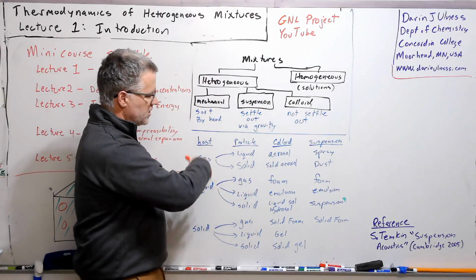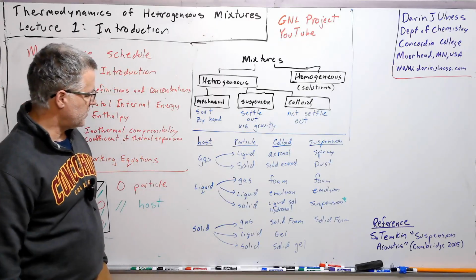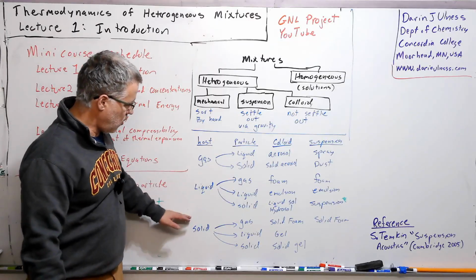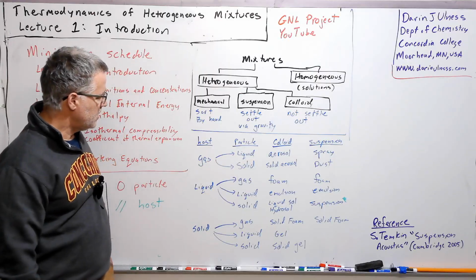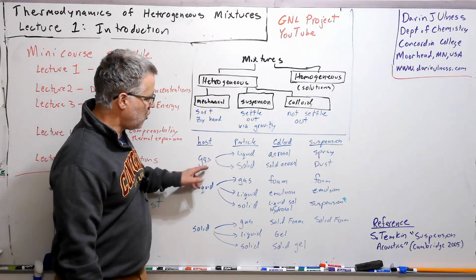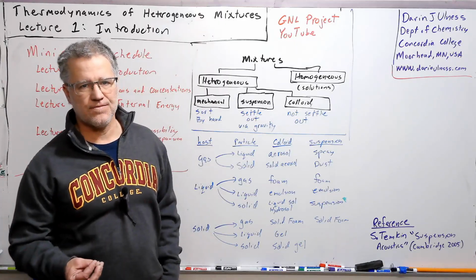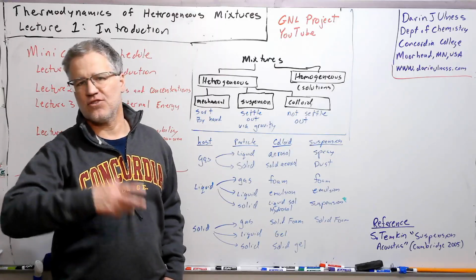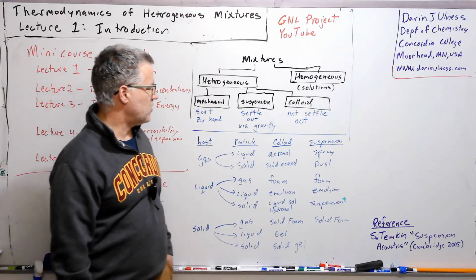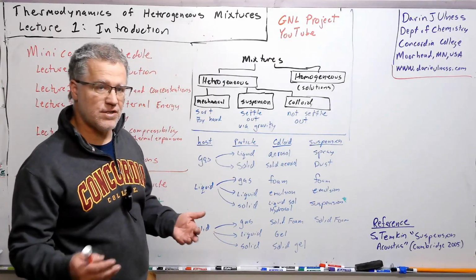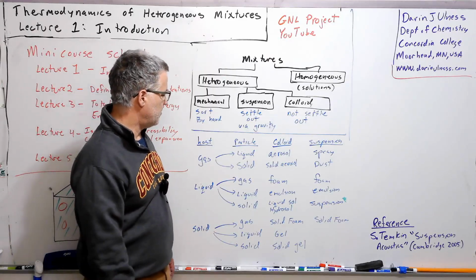Okay, so what these are called and how we generally refer to things depends on the host and the particle, obviously. If the gas is the host, then we have what are called aerosols. We can't have a gas in a gas. Those two will just mix at the molecular level, so those would be a solution or a homogeneous mixture.